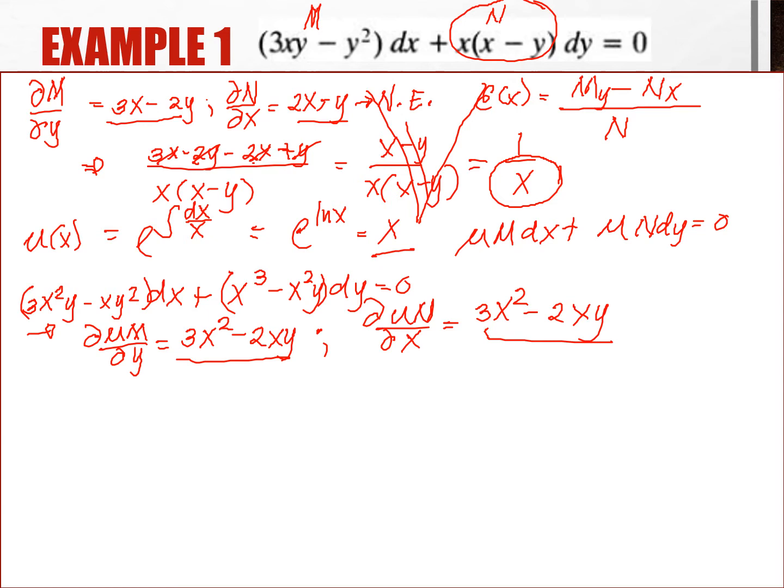So in this case, to find the solution f(x,y) equals c, we have to first integrate mu M dx, of course, plus g, a function of y.